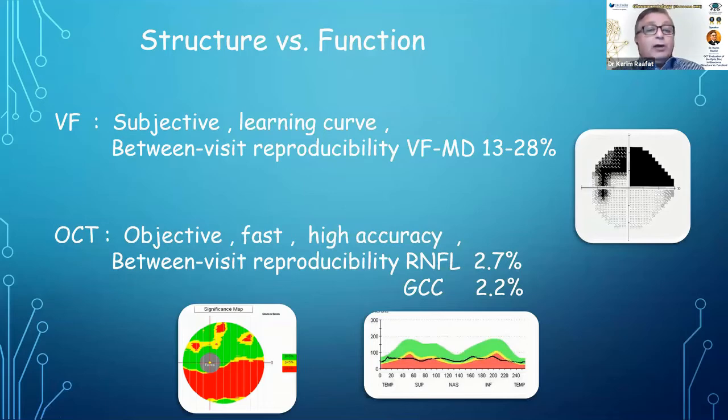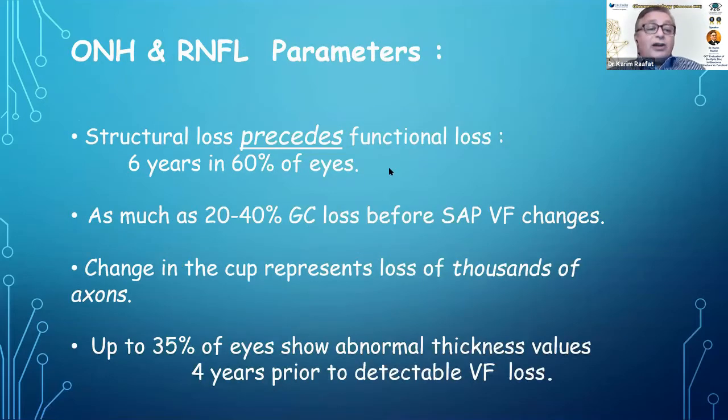And the review in the literature shows that the structural loss precedes the functional loss by 6 years in 60% of eyes. And as much as 20 to 40% of ganglion cell loss occurs before the standard automated perimetric visual field is lost. So it's a long time. We need to diagnose it much earlier than this. We don't have to wait to lose about half the ganglion cells to detect the visual field changes.